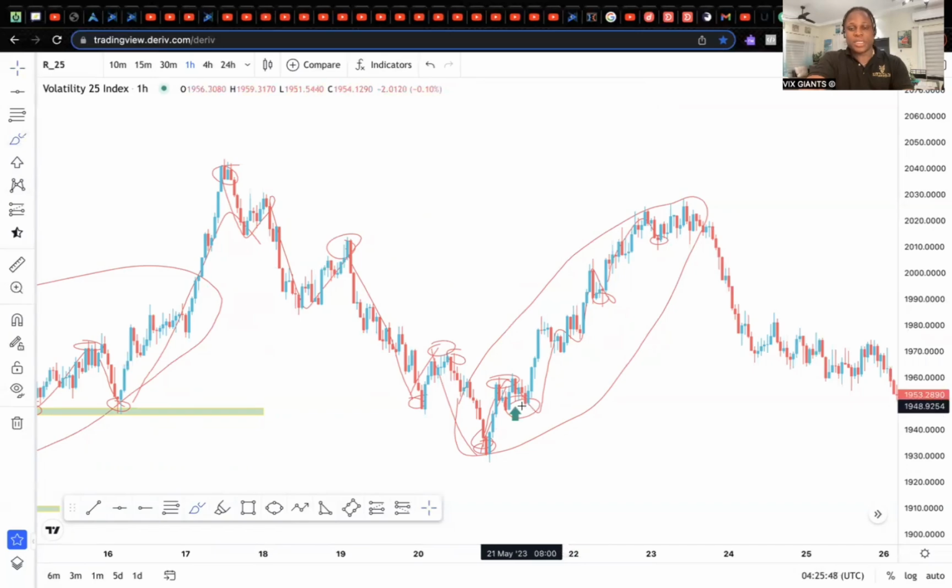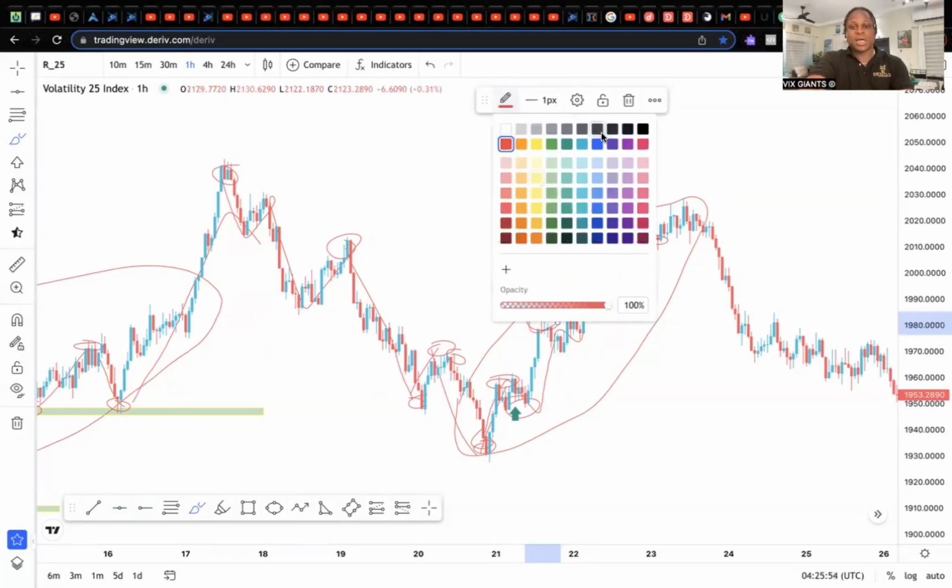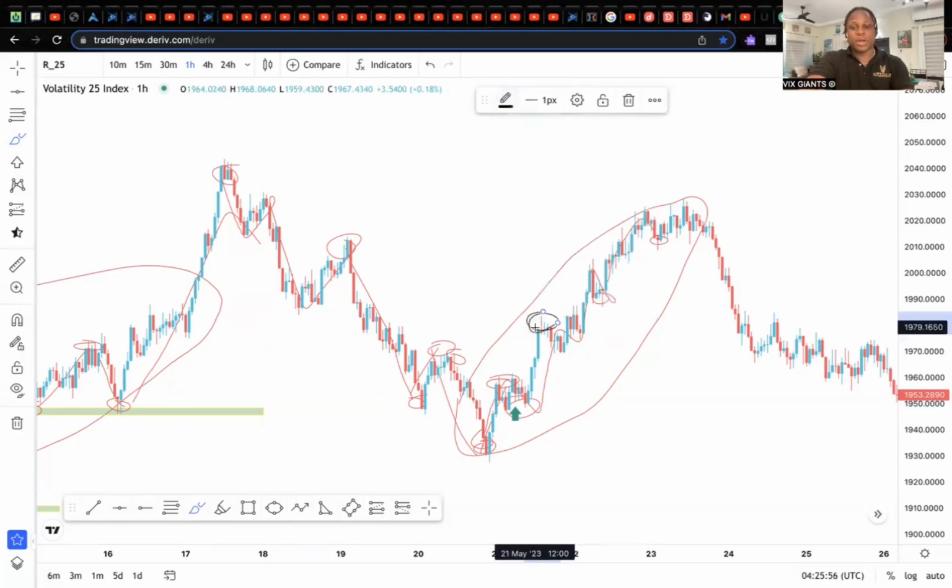So the market created this higher low and we push up right here, creating this level up here. This was a high, right? And all along we were creating lower highs, going down.